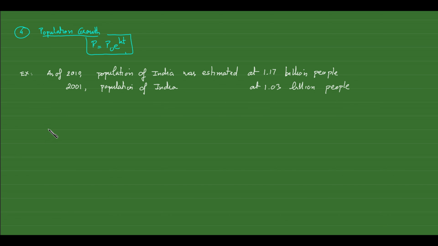At a continuous growth rate of 1.37% annually, they say that at this rate, the population of India will surpass the population of China by 2030, when China is projected to have a population of 1.47 billion people.